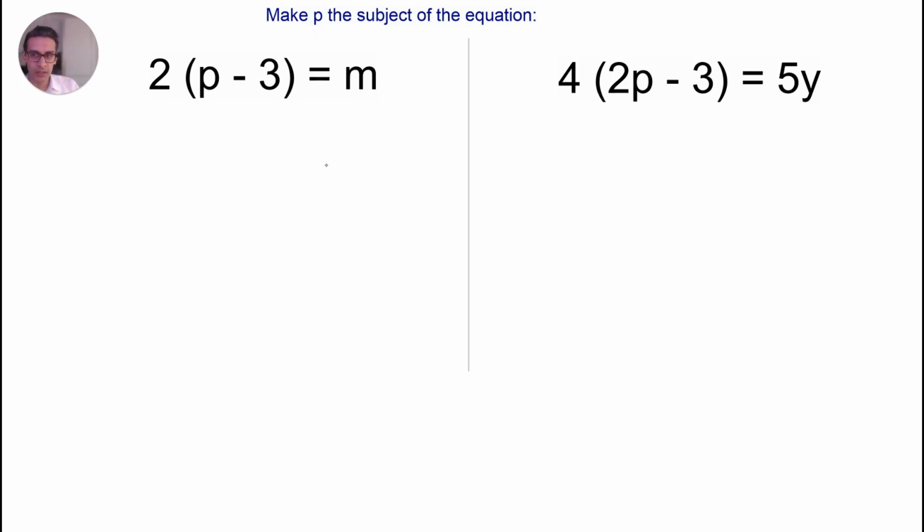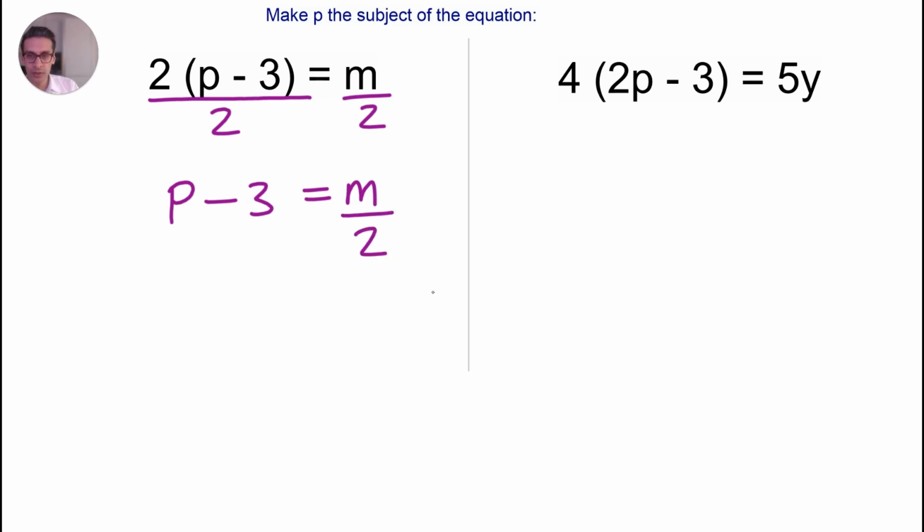So now we can decide what we want to do here. We either expand or divide. There isn't really a strong preference. I'm going to decide to divide first, and there's no special reason for that. So I'm going to divide by 2, divide by 2. So I get P minus 3 equals m over 2, because the 2's cancel out.